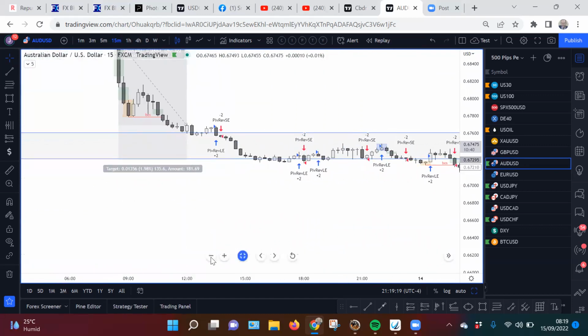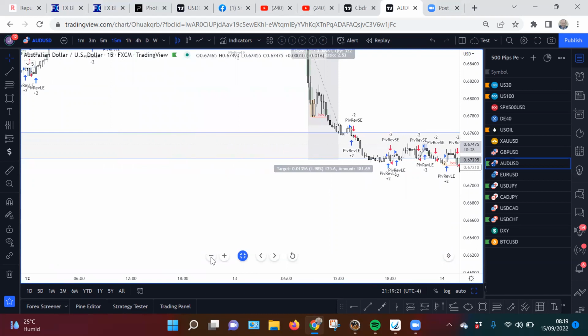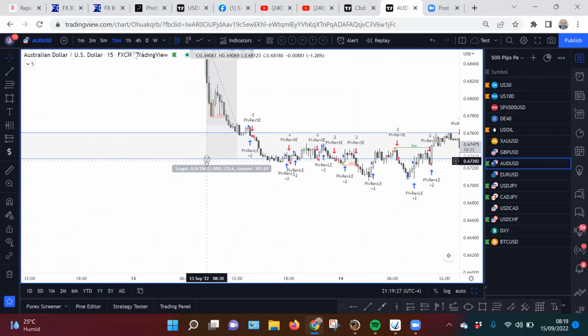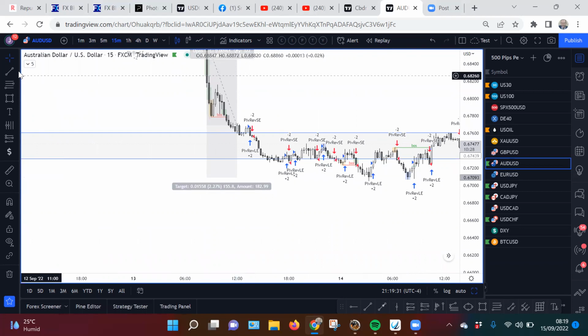Now let me actually have a look at this, because this one went slightly further. So I'm going to bring that down there, see what was down here. And I'm going to look left to see what was left at that point there.